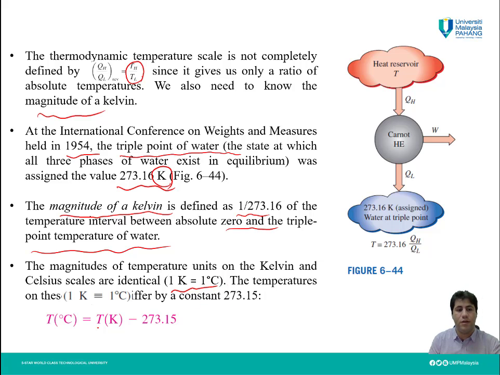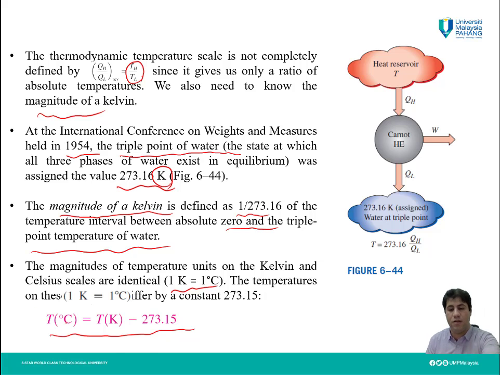To convert Kelvin or Celsius to each other, we can use this equation, which you may already know. Temperature in Celsius is equal to temperature in Kelvin minus 273.50. Or vice versa, to find Kelvin, we simply add this number to the temperature in Celsius.